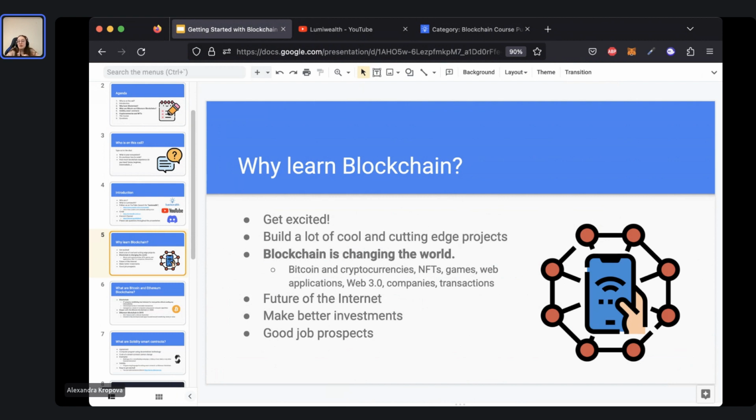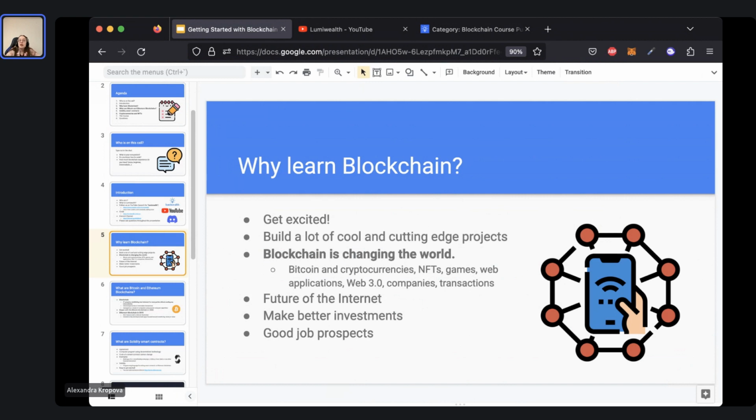And so that means you can build a lot of cutting edge projects that are innovative, because it's a new field compared to other types of fields and even other types of technology fields, because it's a new type of technology. The first blockchain was only built in 2008. That was with Bitcoin, so relatively new technology.